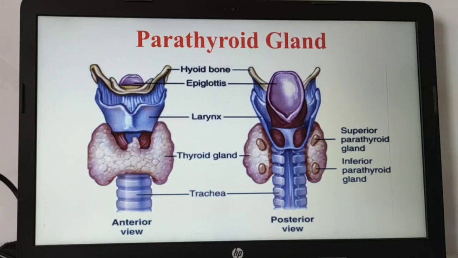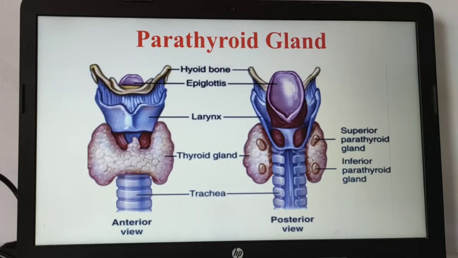Another is hypersecretion. In that, the calcium level increases. That means the calcium concentration increases, so more calcium is absorbed from the bones, and it results in softening of the bone, bending and fracture of the bone.